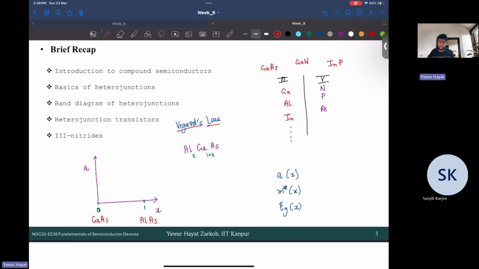Say I tell you that the lattice constant of gallium arsenide is 5 angstrom. Suppose this is an angstrom scale. This is 5. This is say 4. Suppose these two points you know.